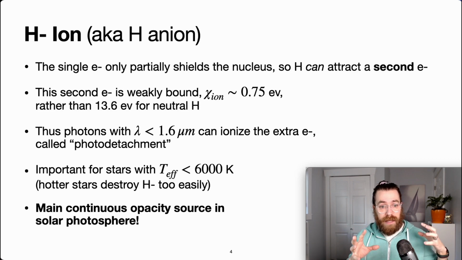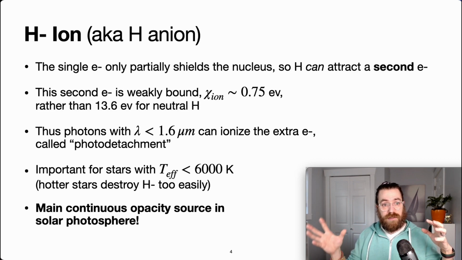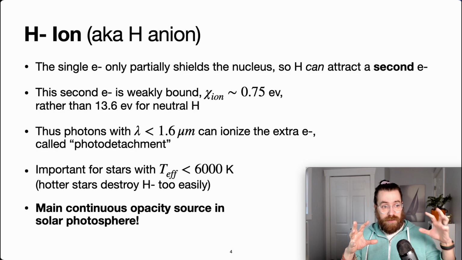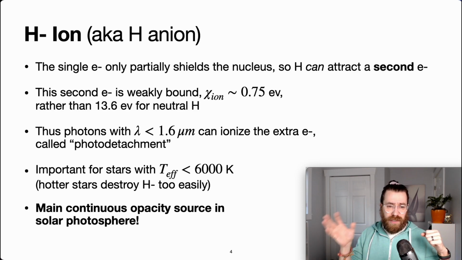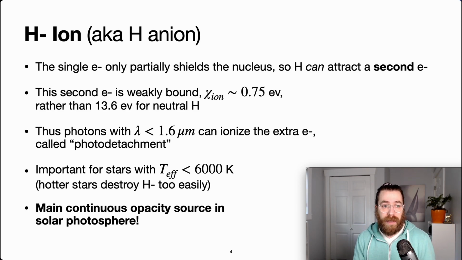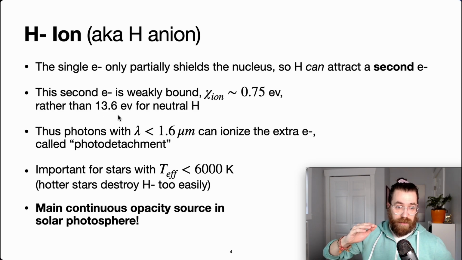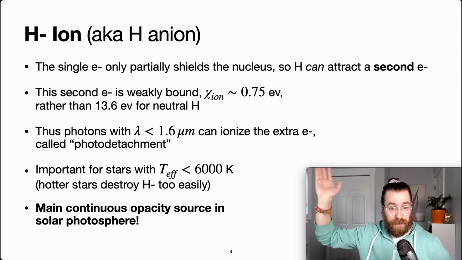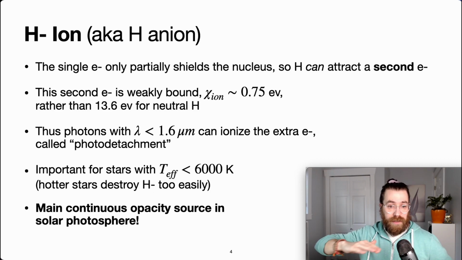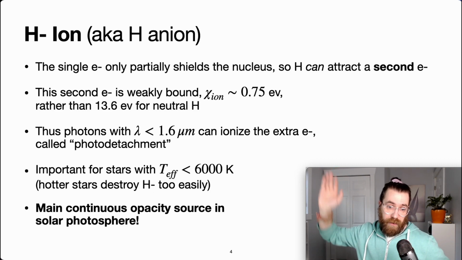What you get instead is an electron that is weakly attached to the neutral hydrogen, a second extra electron weakly bound. And so the ionization energy for that second electron is really low, like 0.7 eV, as compared to the classical 13.6 eV, which is the ionization limit. That's the Lyman limit, right? That's the electron in the lowest state getting ionized all the way off the hydrogen atom.